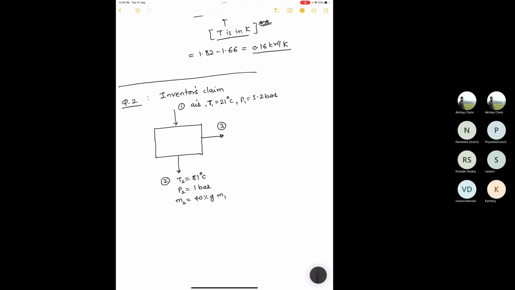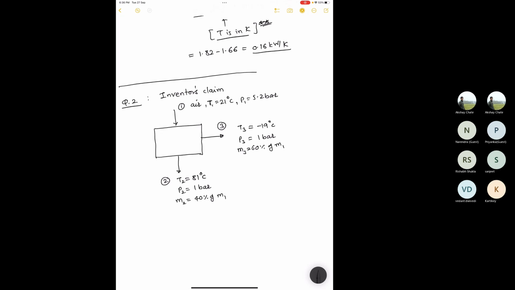So whatever was coming in total, 40% of that is coming out here. For the third stream, T3 is minus 19 degrees Celsius, P3 is 1 bar, and M3 is 60% of M1. This is a steady state device.